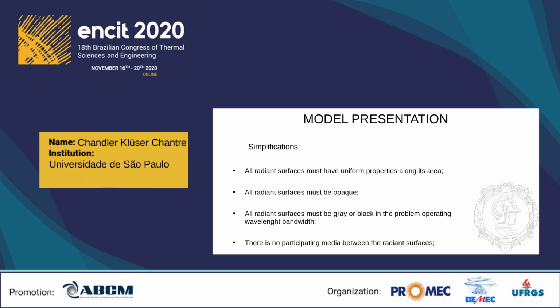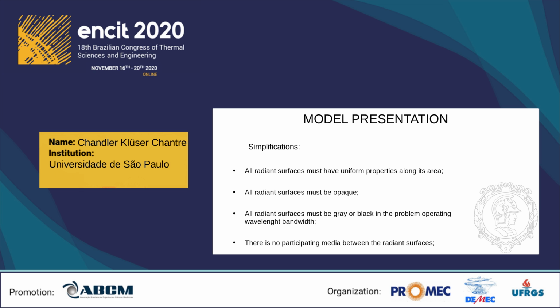As with any model, there are some simplifications that we need to assume. They are: all radiant surfaces must have uniform properties along their area. All radiant surfaces must be opaque. All radiant surfaces must be gray or black.